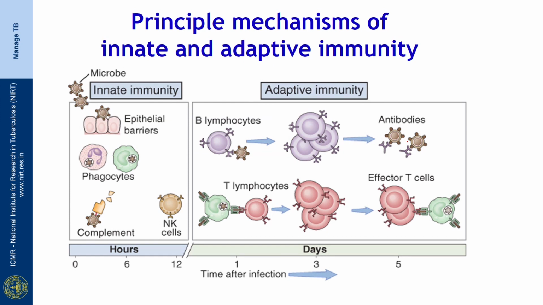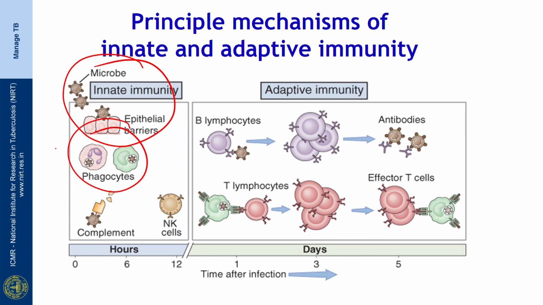Looking at the principal mechanisms that underlie innate and adaptive immunity, innate immunity is typically comprised of epithelial barriers, which help in preventing entry of microbes into the host. Phagocytes are one of the major components of the innate immune response because of their ability to engulf and destroy pathogens.